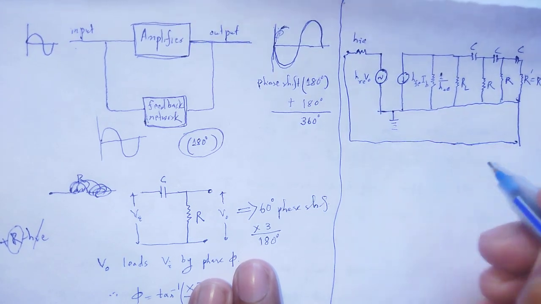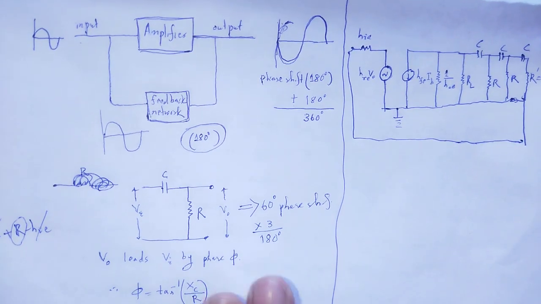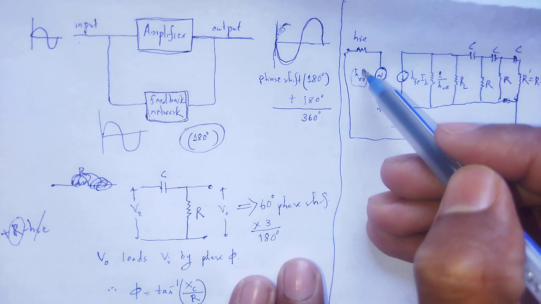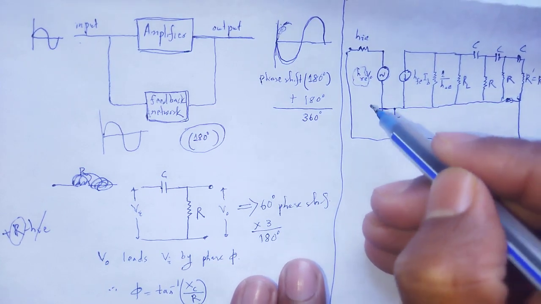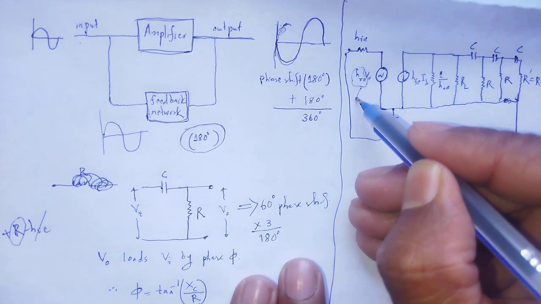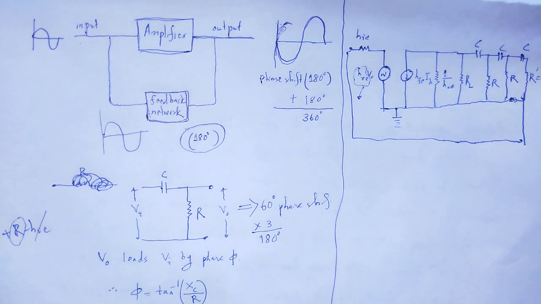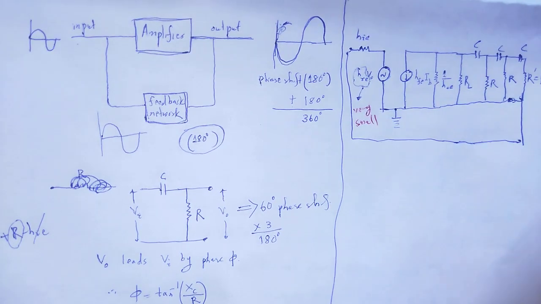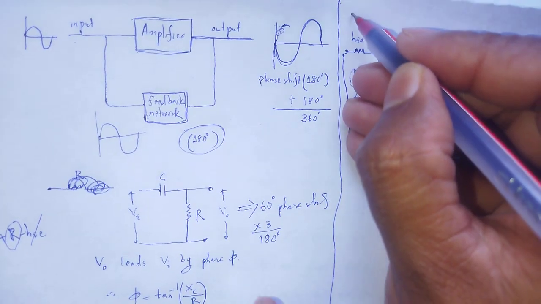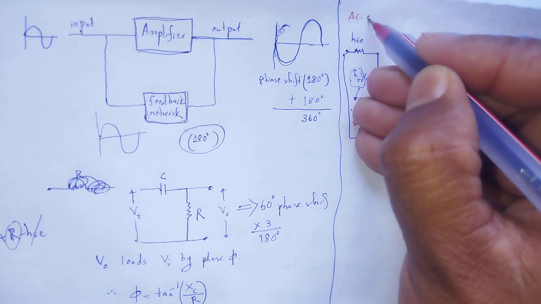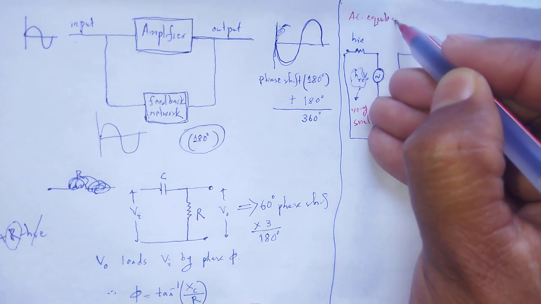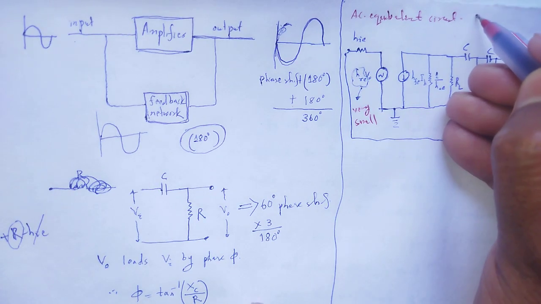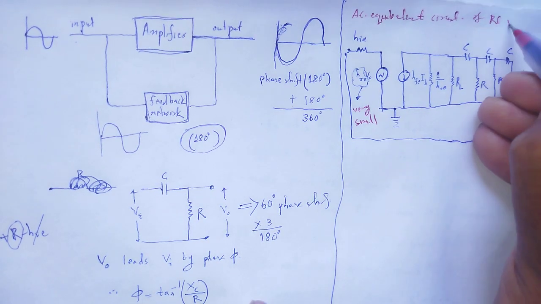This is grounded. Here HRE, the reverse voltage gain, is very small. That one is the equivalent circuit of the RC phase shift network.